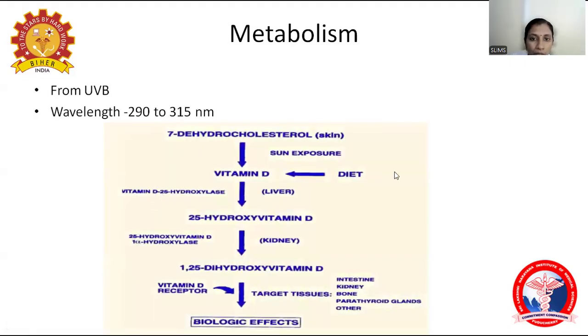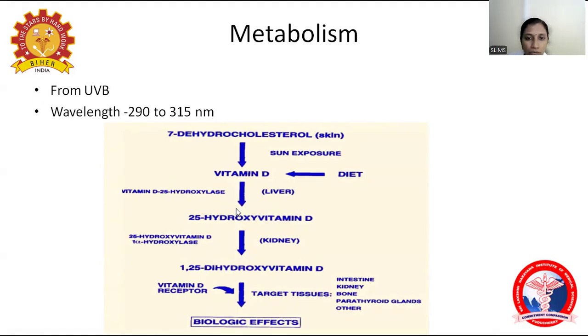In our body, we already have something called 7-dehydrocholesterol on the skin. So, giving proper UVB or sun exposure, and also from dietary sources, it becomes vitamin D in the crude form.